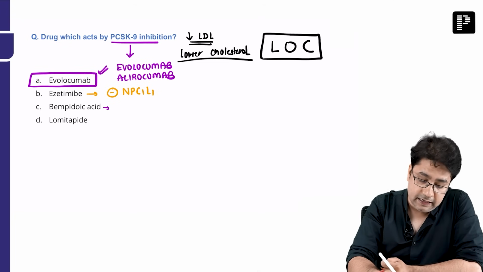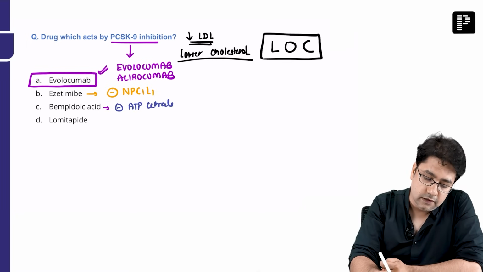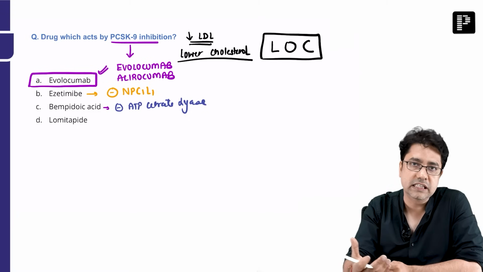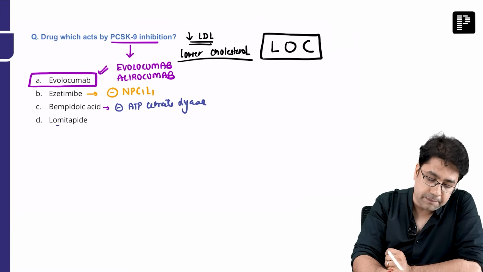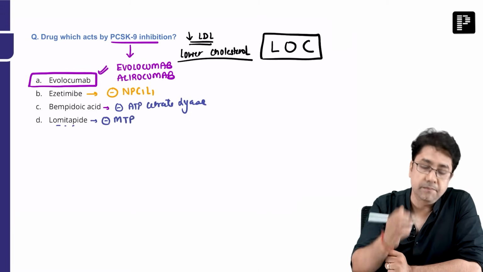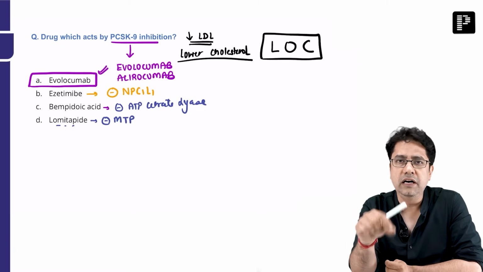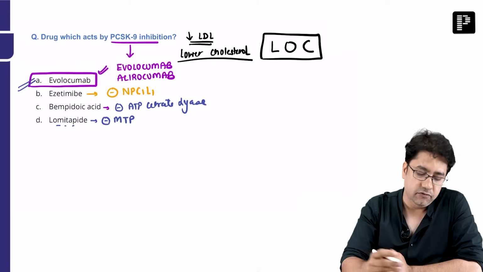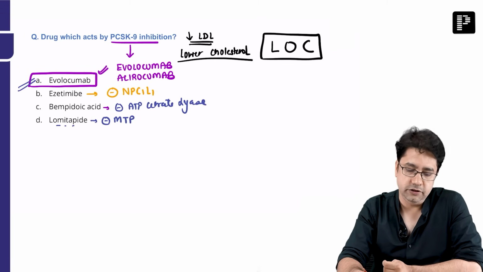Bempedoic acid, it inhibits ATP citrate lyase. The whole concept, how it reduces blood cholesterol level, we have discussed in lectures. And lomitapide, MTP word is coming, it inhibits a protein known as MTP. MTP is microsomal triglyceride transfer protein, we have discussed. So the answer is evolocumab, very repetitive question.